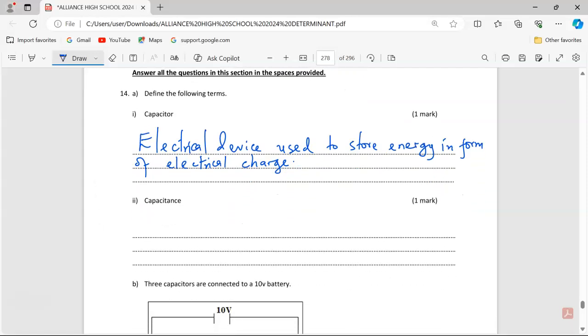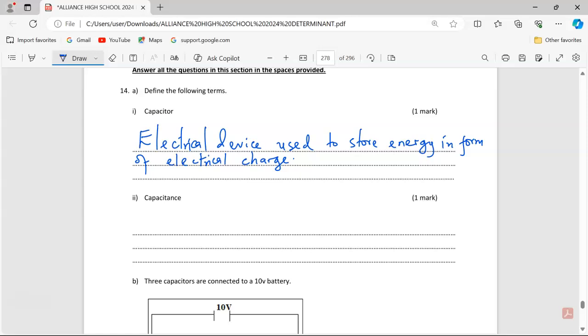The second term is capacitance. Capacitance is the charge stored per unit voltage, or the ratio of the charge which has been stored divided by the voltage across the plates of the capacitor.